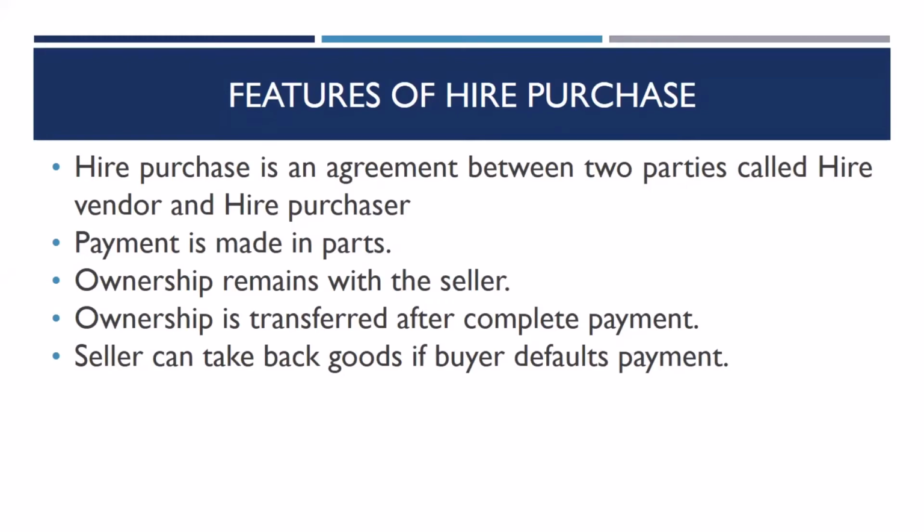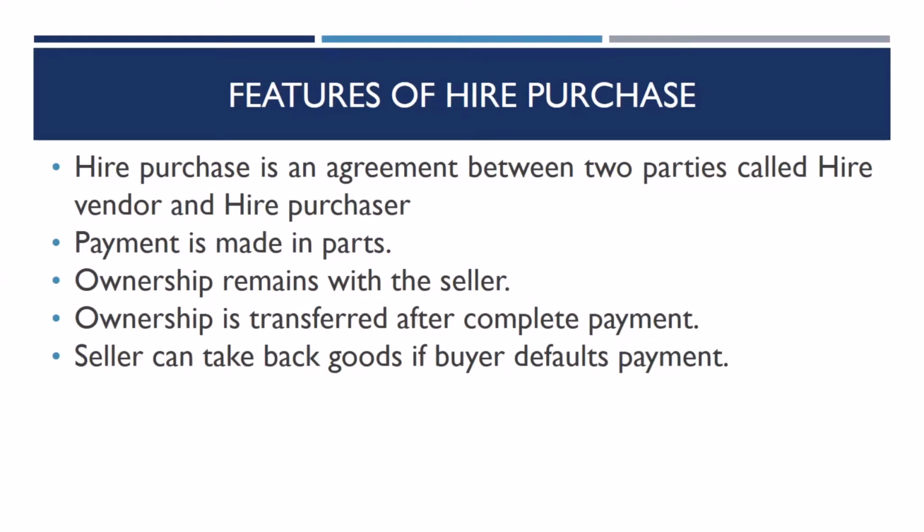The buyer in hire purchase is referred to as the hire purchaser. One important aspect you have to remember is that in hire purchase, the payment is not done in lump sum. The payment is done in parts, in pieces.